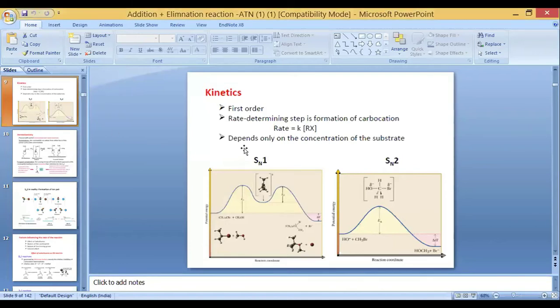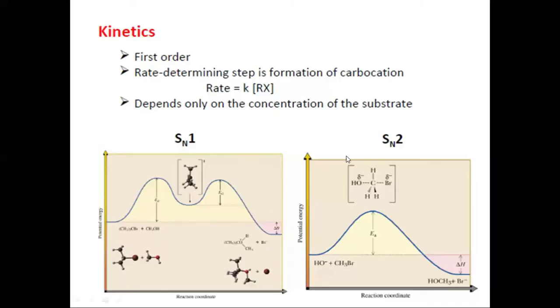To sum up, SN1 is first order and SN2 follows second order kinetics. For SN1, the rate is equal to k times the concentration of RX. In case of SN2, the rate is equal to k times RX times the concentration of the nucleophile.